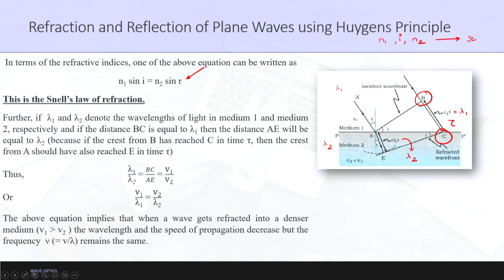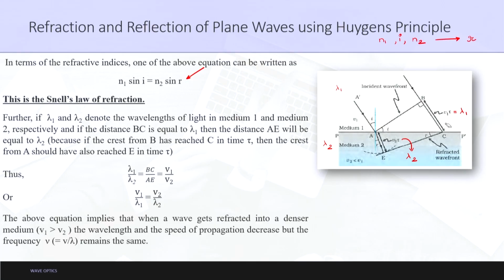So, it does not depend on the velocity variation, it depends on the time. The movement of the crest is a function of time, that is why if the wavelength is V1 tau in BC, then wavelength 2 will be equal to V2 tau. So, this was the reason behind this.